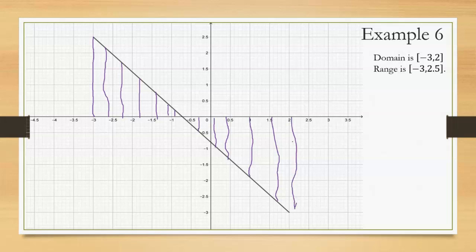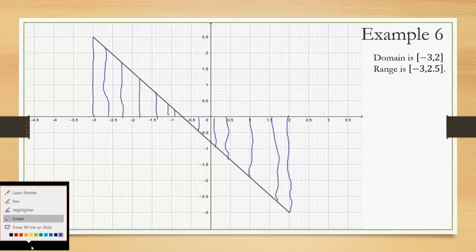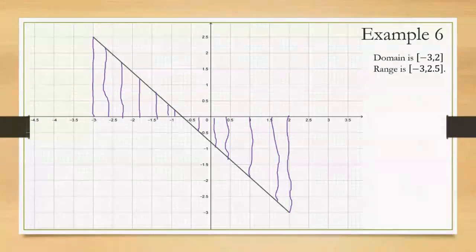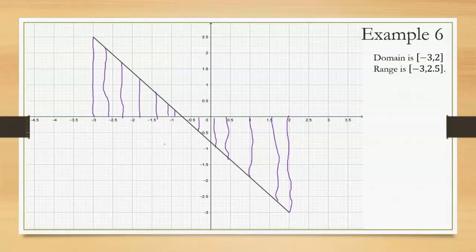Oh boy, we went a little too far, but it looks like at 2 is where we are. Let me just erase the last line. There we go. So it looks like we're going to go from -3 all the way to 2. So that's why the domain is from -3 to 2.